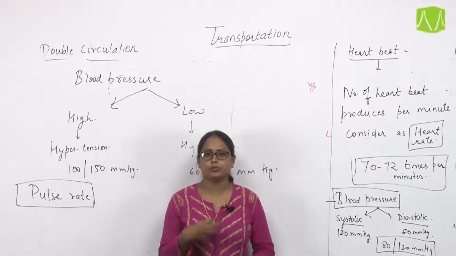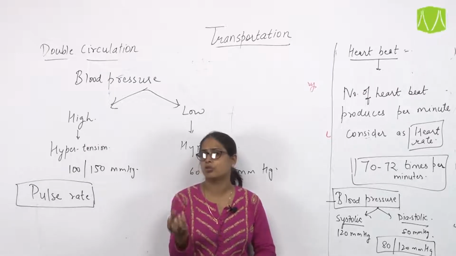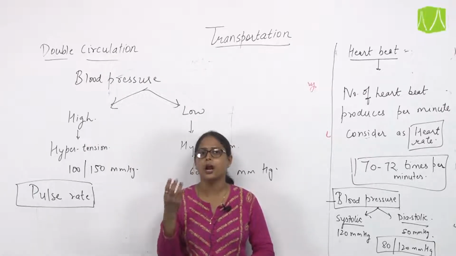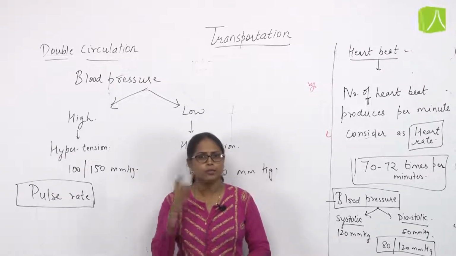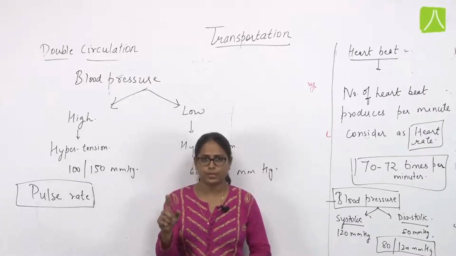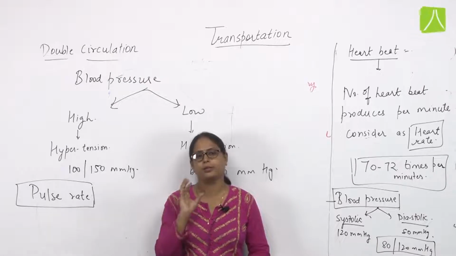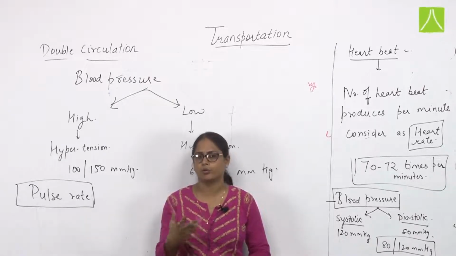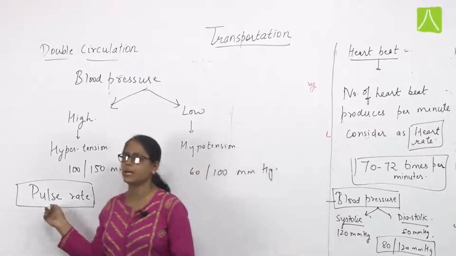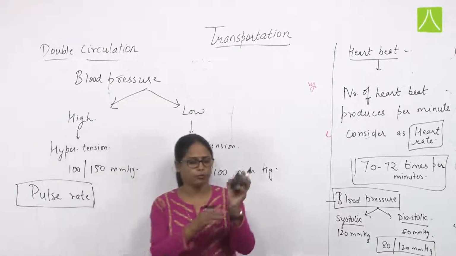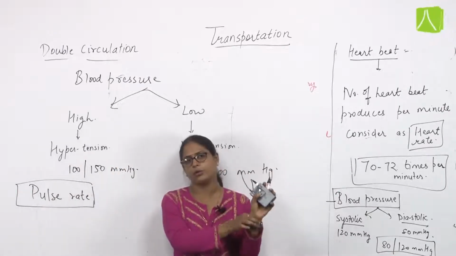Doctors use that stethoscope device and check the heart rate or heartbeat by keeping it on your thorax region, and they listen to the number of heartbeats. Fine. So the heartbeat or heart rate can be diagnosed through the thoracic part directly from the heart, but the pulse rate can be measured from your wrist.